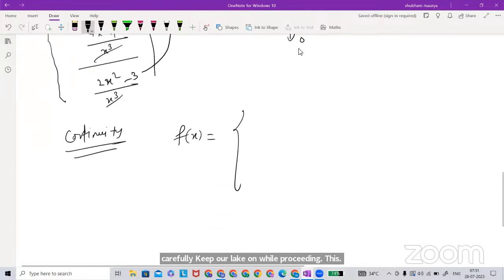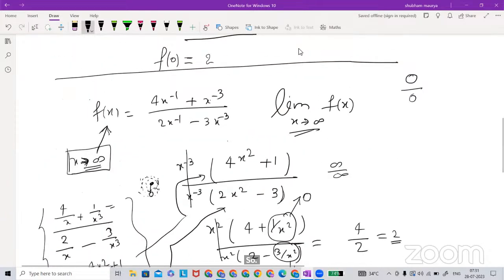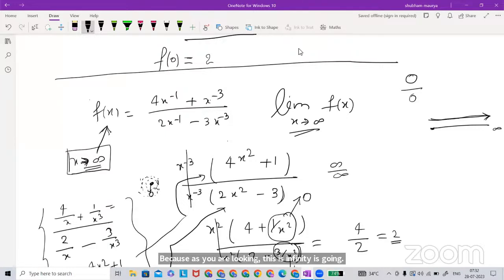Sir, can you please explain the left limit and right limit of this question? There is no left limit, no? As x goes to infinity, only one side we are approaching. There is no left limit or right limit for this case, because this is the infinity case and there is only one side.